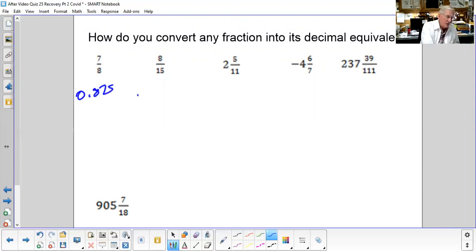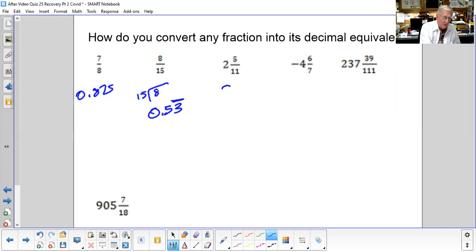8/15, of course you know you divide 15 into 8, or on your calculator the 8 goes in first, obviously, right? So 8 divided by 15 yields for us 0.53 with a bar over the 3. The 3's repeat forever. So that's a nice repeater. 2 and 5/11, sorry, not 15/11.